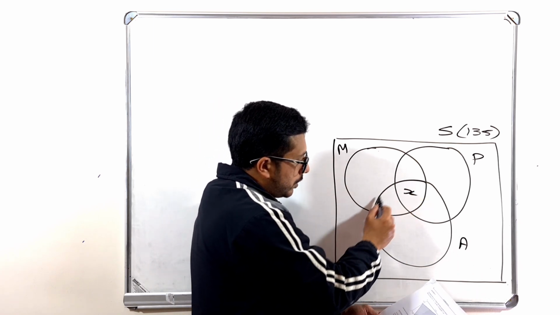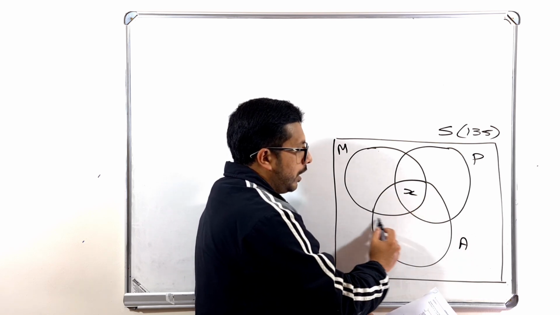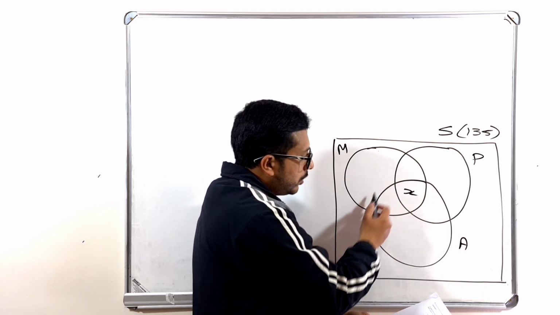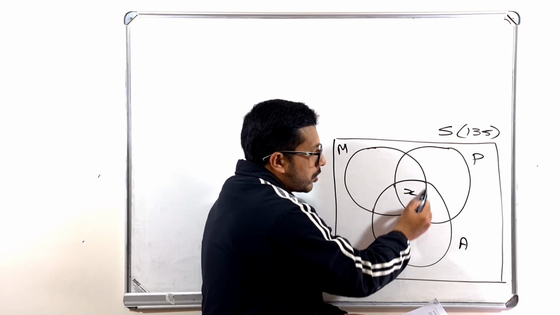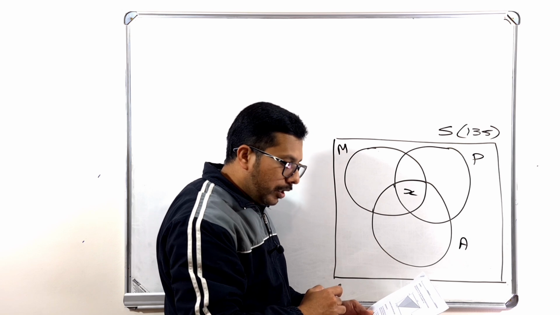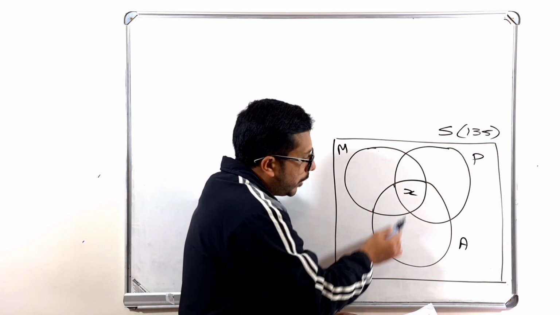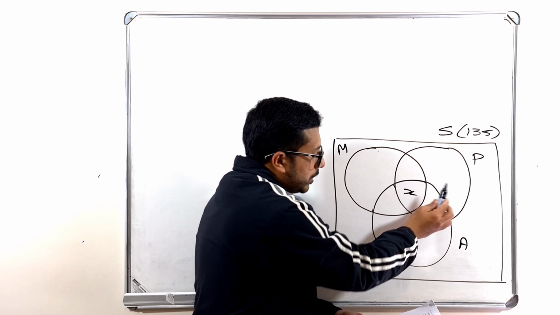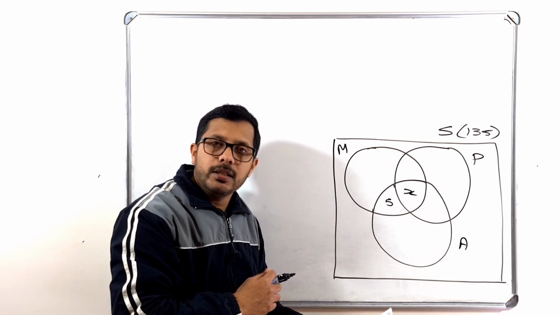All of this area is the common area for maths and accounting. But in that common area, this area is for physics also. So we can't take that one because it is written there not physics. So 5 learners take maths and accounting but not physics. So this one is excluded, then this one is remaining, that area is 5.